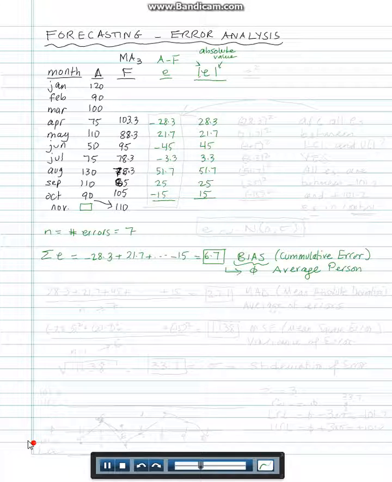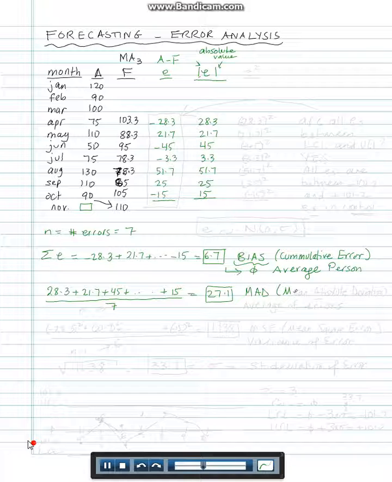So if we add these up and calculate the average, this is 28.3 plus 21.7 plus 45 plus until we get to the 15. They're all positive. And we divide by 7. Then what we get is 27.1.